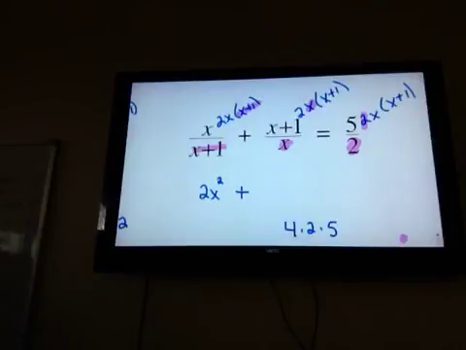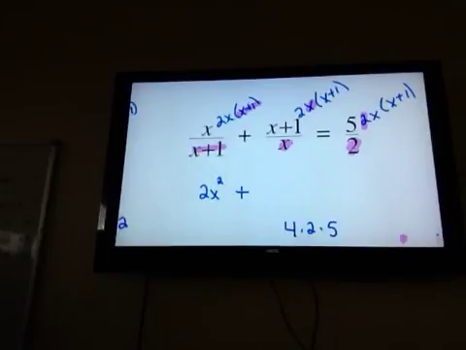You either have to go 4 times 2 is 8, times 5 is 40. Or 5 times 2 is 10, times 4 is 40. Or 4 times 5 is 20, times 2 is 40. You have to multiply 2 of them together, get an answer, and then multiply it by the third.